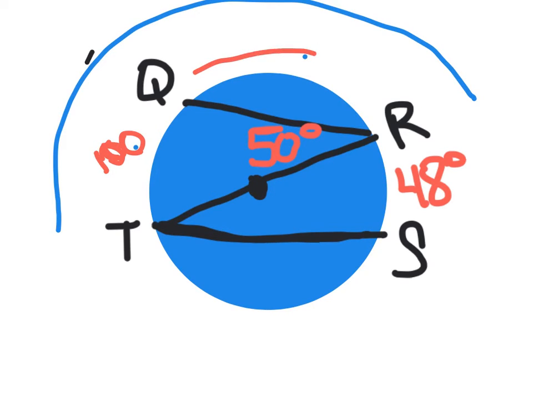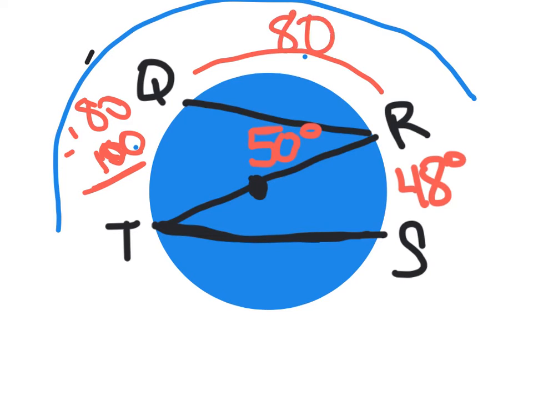I'm really wanting to know what is the arc measure for QR. So since this makes a semicircle, I can say 100 degrees from 180, because there's 180 degrees in a semicircle. All right, so this right here would be 80 degrees. Wonderful.